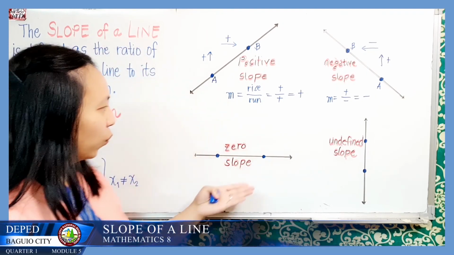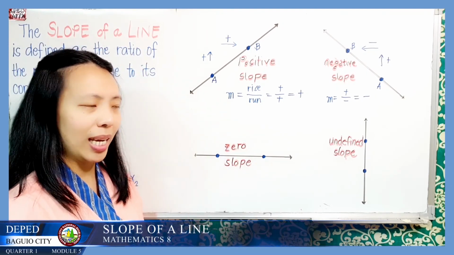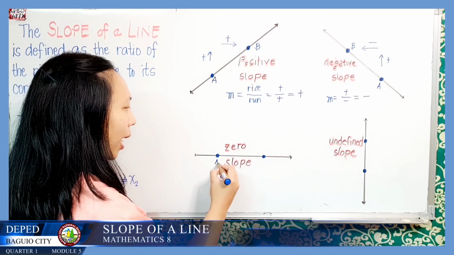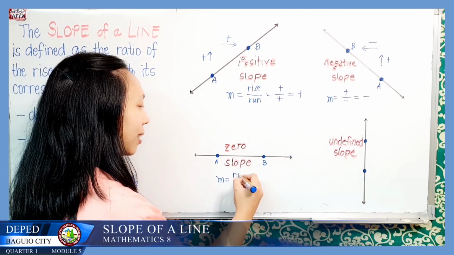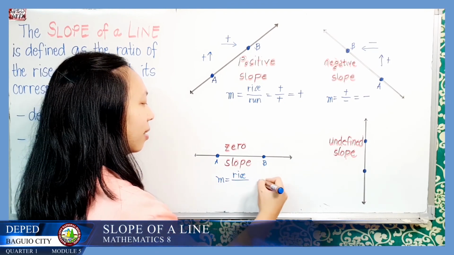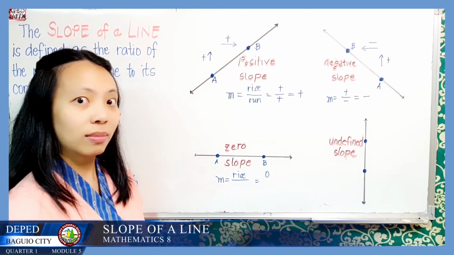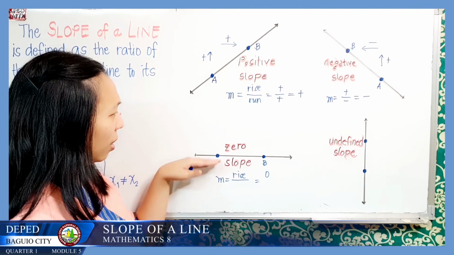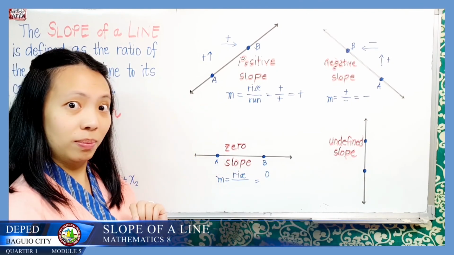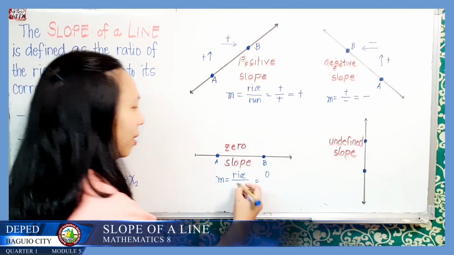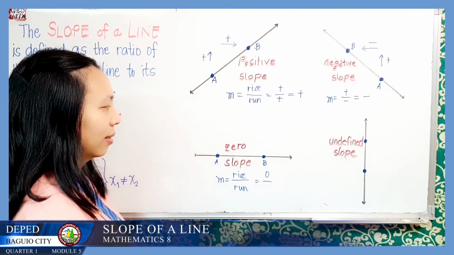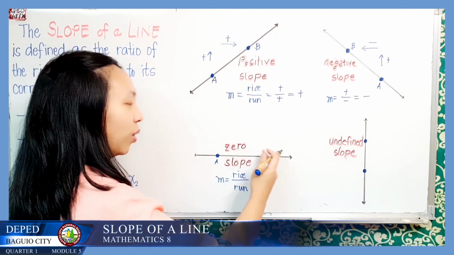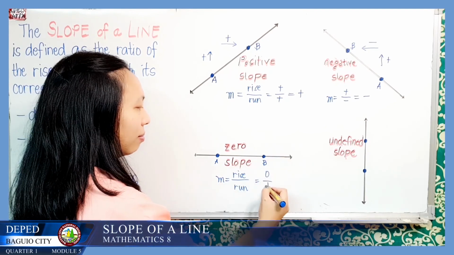What about a horizontal line? From point A to point B, the rise is 0. Why is that so? We did not move up. Next, the run is, if we go to the right, positive.